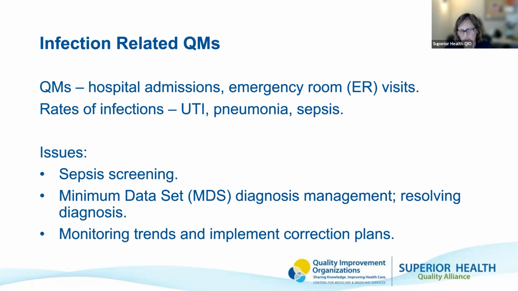So a diagnosis, for example, of pneumonia may sit on an MDS from the date that the patient was admitted with the diagnosis through until their next year's annual MDS, which results then in your pneumonia data getting kind of out of whack and wonky. Now, it doesn't affect your quality measures for pneumonia or sepsis, but UTI certainly will.